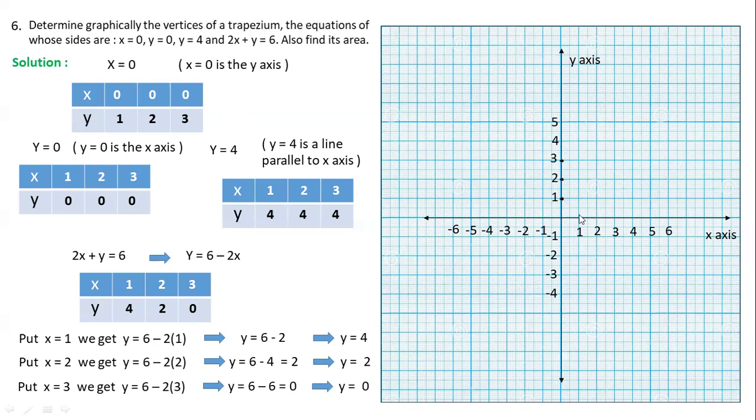If you try to join these three points into a line, you will get this y-axis. That's why I have written x is 0 means it is the y-axis. It is nothing but the y-axis. Clear? Now I have written here, see, y is 0 is the x-axis. Let us see. X is 1, y is 0. It is here.